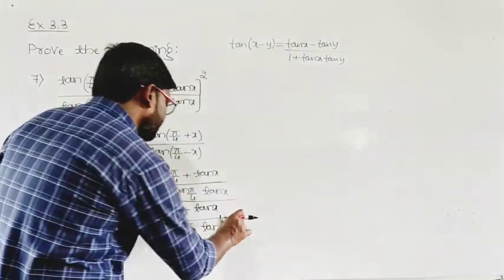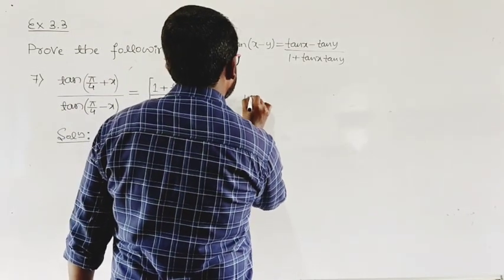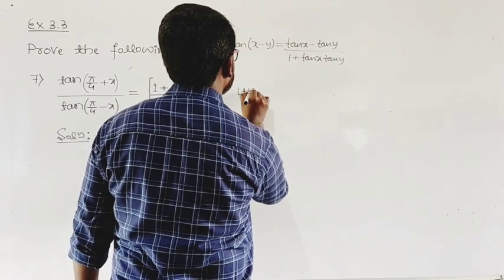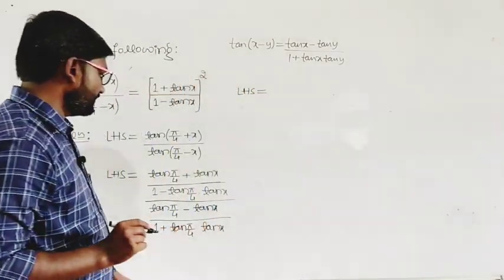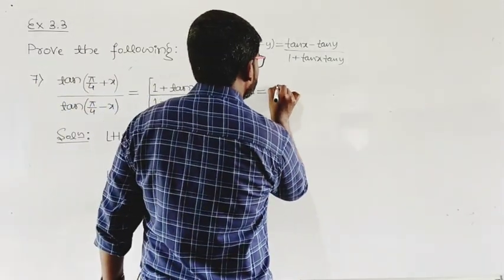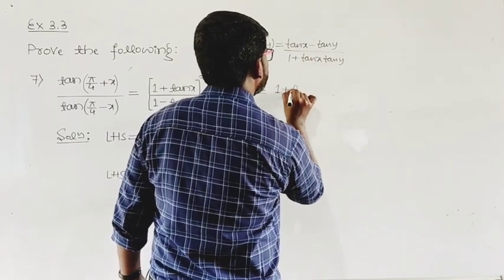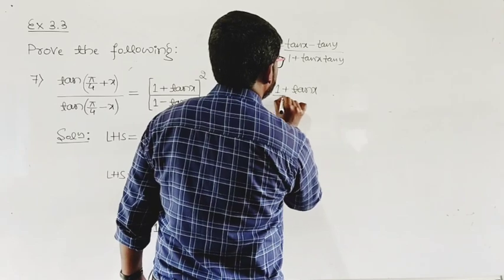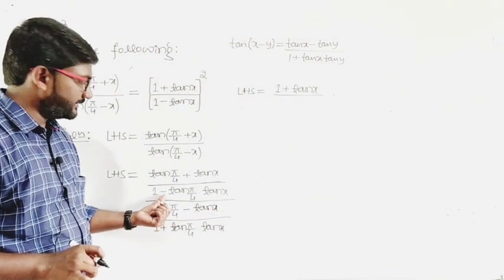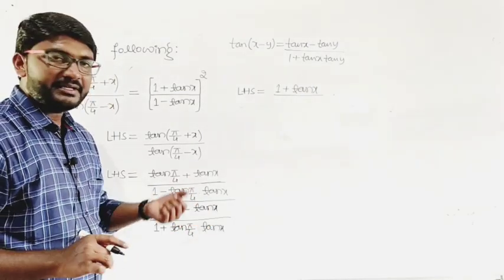So let us simplify this now, into tan x. So here the left hand side, which is equals to, so tan pi by 4, the value is 1, so 1 plus tan x, then divided by, so here it is 1 minus, I write it as it is, then again tan pi by 4 value is going to be 1 into tan x will be tan x.